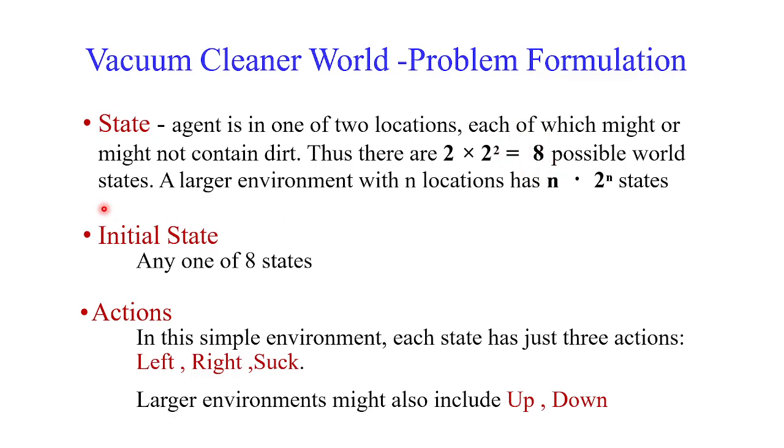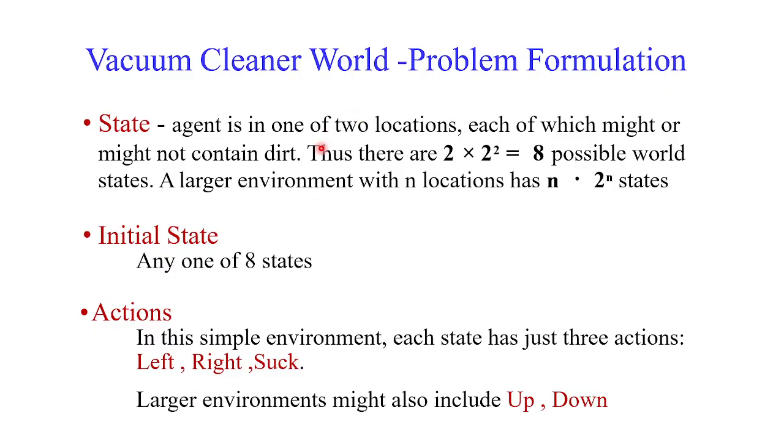For an environment with n locations, the total number of states will be n times 2 to the power n. So for 3 rooms, it will be 3 times 8, that is 24 states. For 4 rooms, you can calculate as it goes.